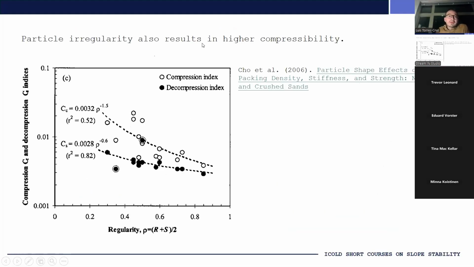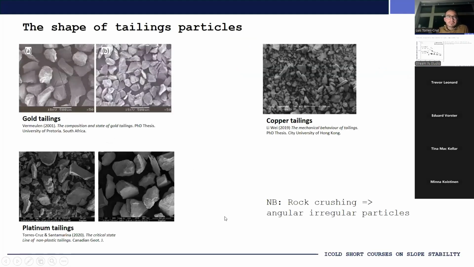Particle irregularity also results in higher compressibility, which I think makes intuitive sense. If we have particles with sharp edges and corners, then we can envision how those edges and corners are going to break as the stress level starts increasing, and that's going to affect the compressibility of the soil.